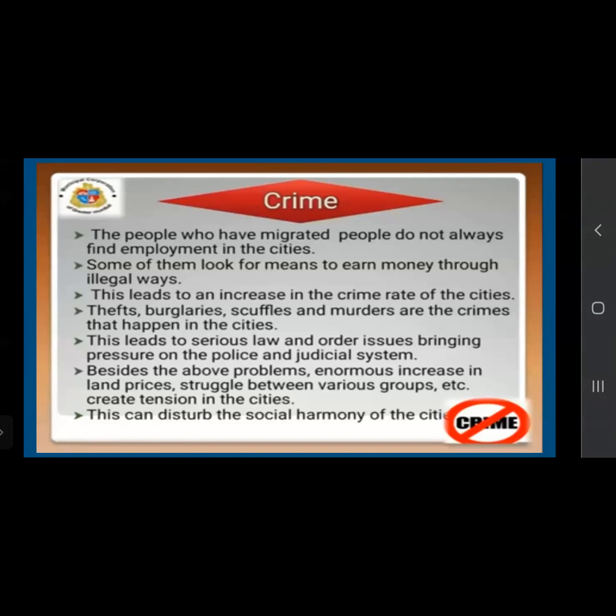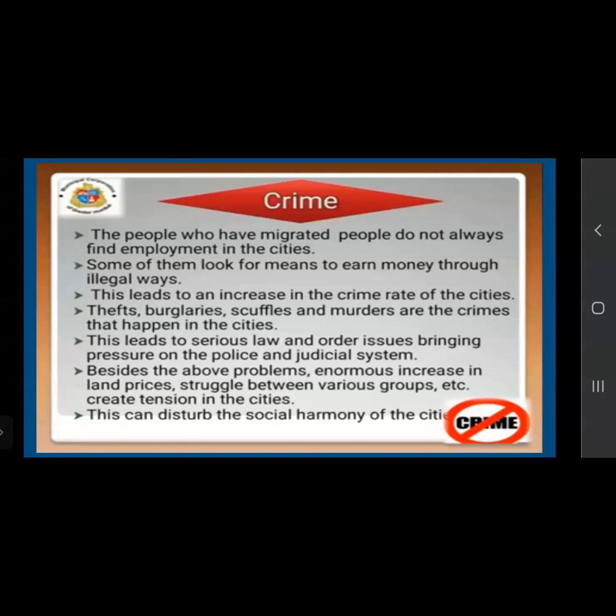When they have migrated to urban areas in search of employment and have not got it, what will they do now? They will look for different alternatives for how they can earn money. It may be illegal ways also. This leads to an increase in the crime rate of the cities.